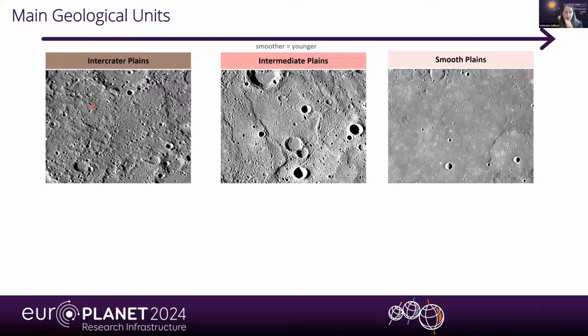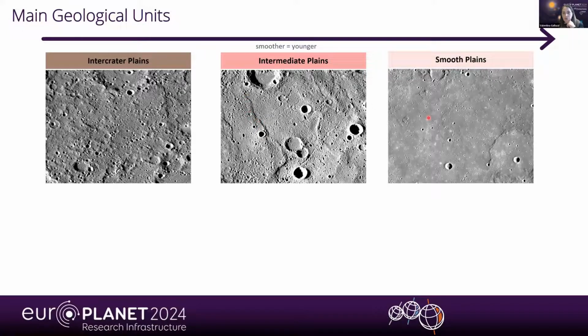Intercrater plains are volcanic plains that were emplaced much before, around 4.0, 4.1 gigayears ago. Intermediate plains, originally called intermediate smooth plains, are often more similar to smooth plains than to intercrater plains, but are often cut by important structures such as lobate scarps or very high wrinkle ridges.